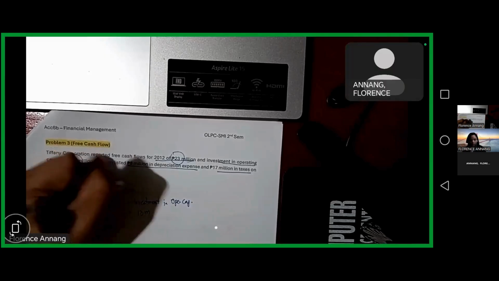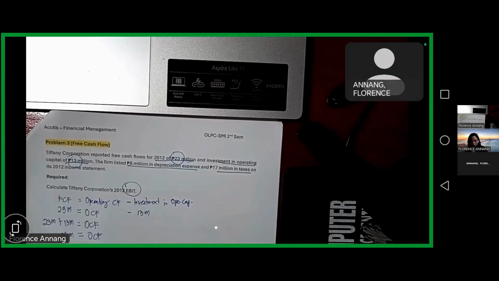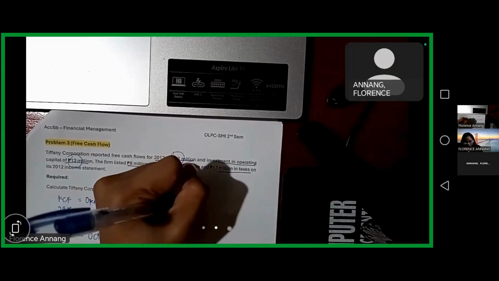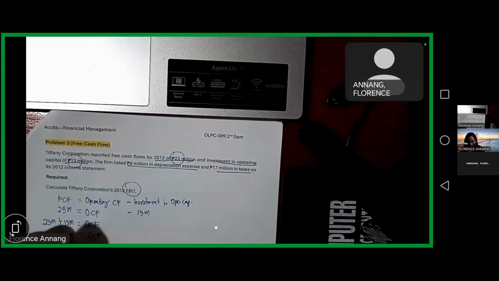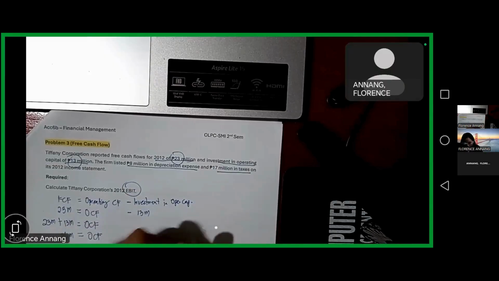Pero ang hinahanap natin is your EBIT. So, we need to work back. Since we have our operating cash flows, let's plot this in the bottom. OCF, ilan yun? 36 million.